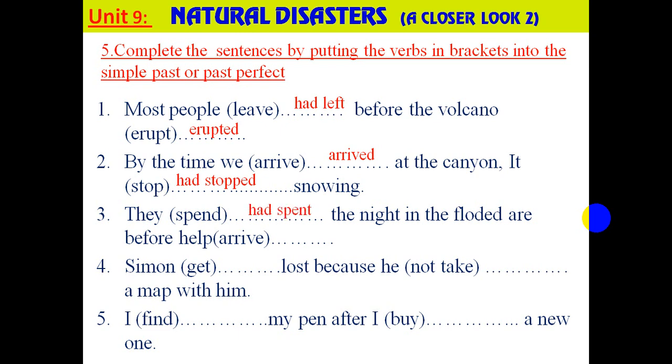Number 3, they had spent the night in the flooded area before Hal arrived. Number 4, Simon got lost because he hadn't taken a map with him. Number 5, I found my pen after I had bought a new one.